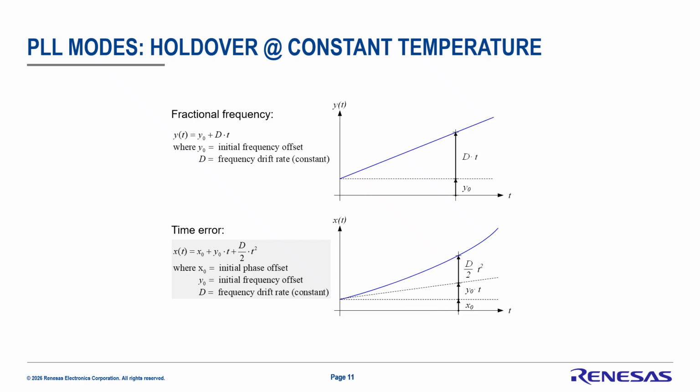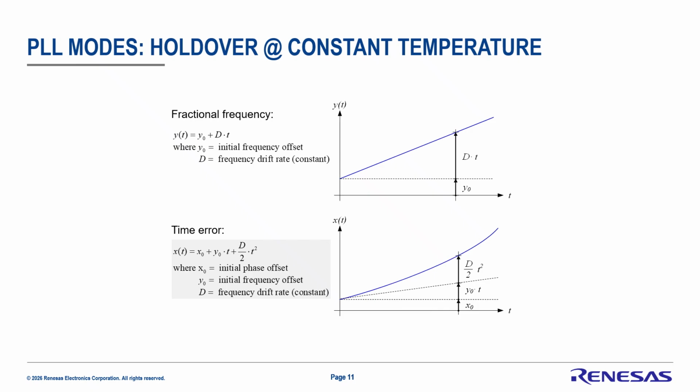The reason it's important to look at the local oscillator impact is when we have to go into holdover, a lot of times the oscillator is providing the constant frequency or drift rate while we are no longer tracking the input reference. A lot of times the frequency drift rate is represented as a linear component, such as a parts per billion or parts per trillion error over time. And a lot of times they'll define this not only in constant temperature, but even over variable temperature.